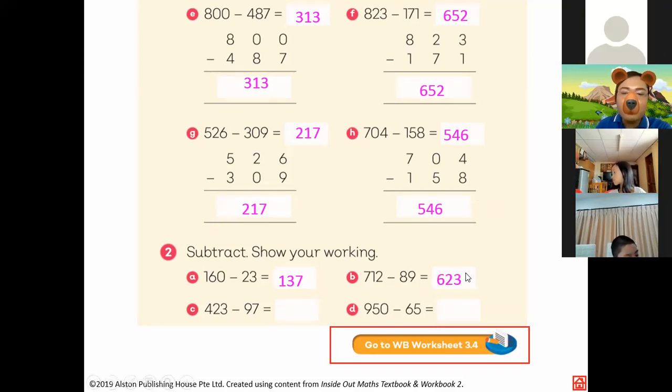Very good, 623. And what about letter C?